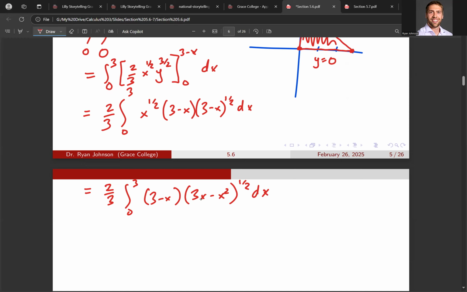Things that have the same exponent can be combined, right? Oh, that's actually right. And then we're close to a U substitution, but not quite.